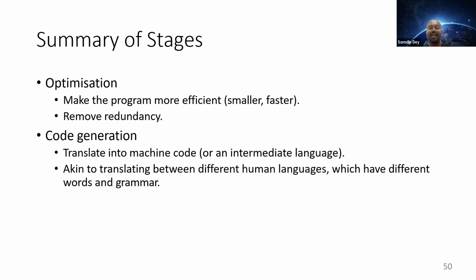The way it does that is by removing any redundancy from the abstract syntax tree or the intermediate representation that is generated from the previous stage of the compiler. After the optimization is done, code generation happens, which translates the intermediate representation into machine code.